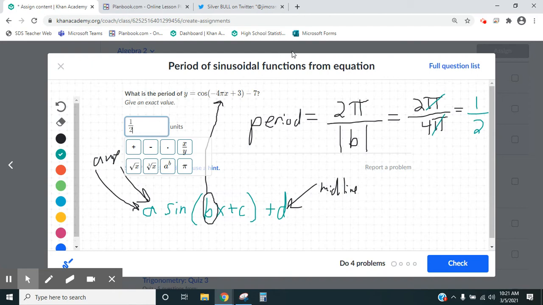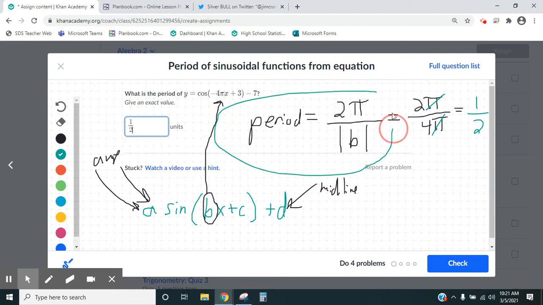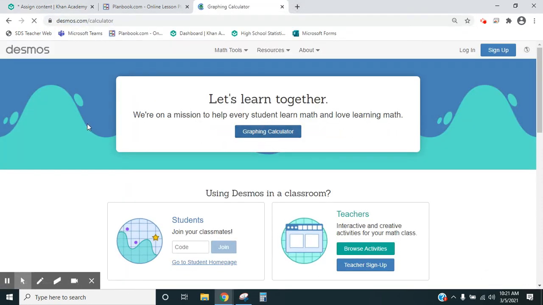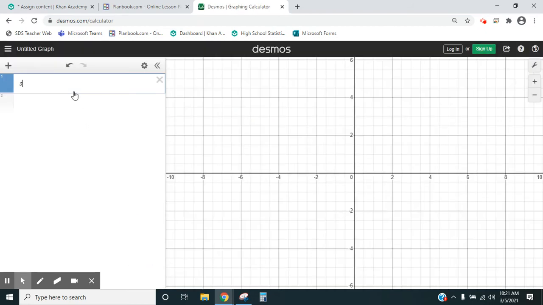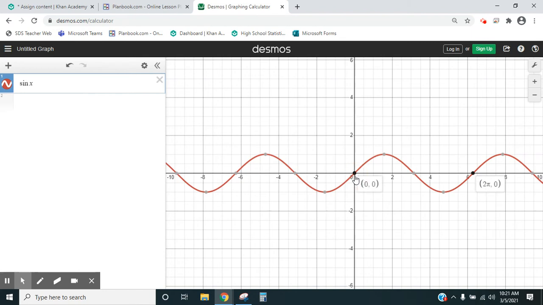Okay, but this is the formula you need. The period of the graph is this. The reason that's the formula is because if you don't change anything, if you graph just a regular sine function, the period is how far? It's 2 pi. It starts here, it goes up, back to the middle, down, then back to the middle.